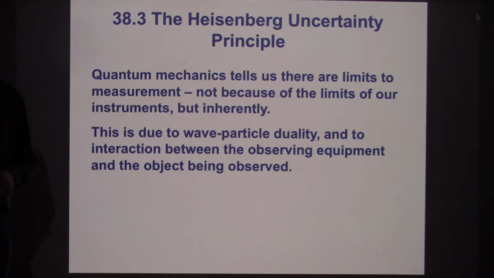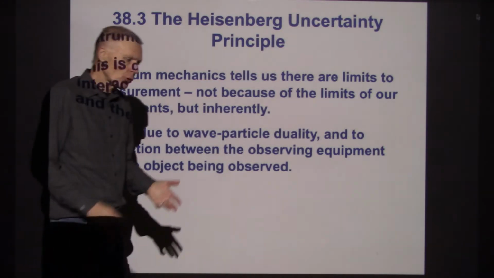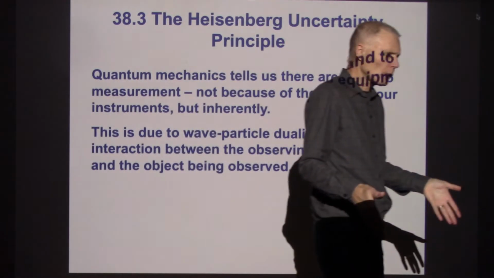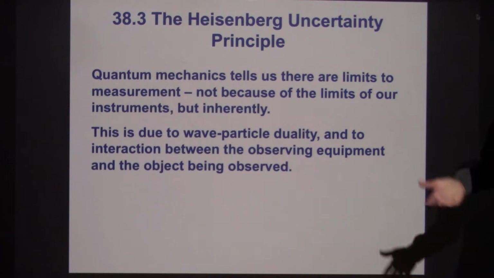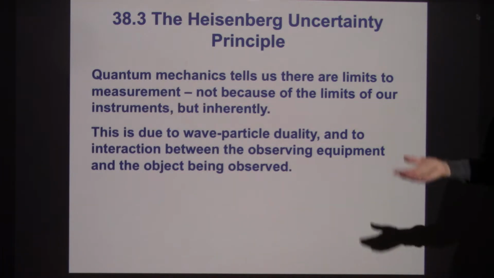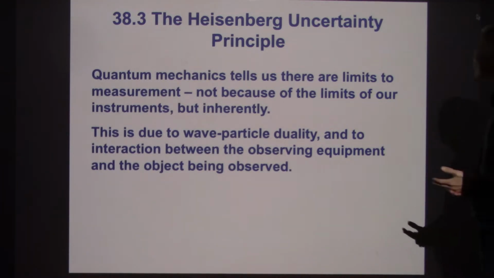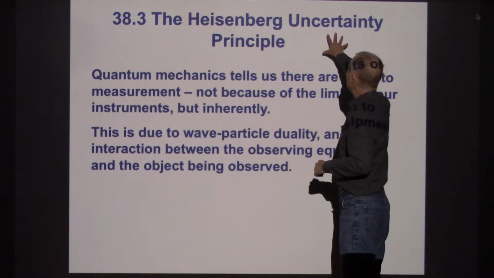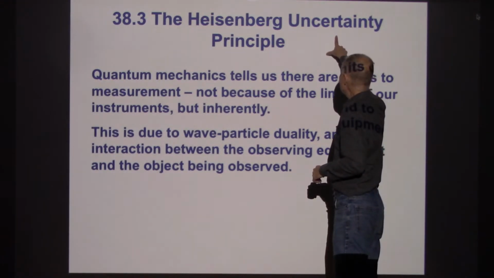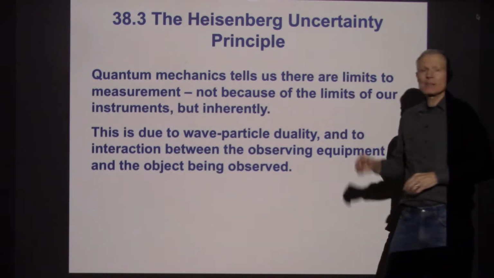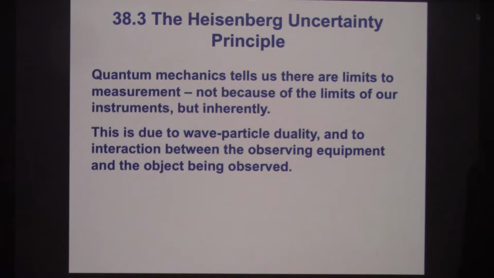I want to say that particles don't exist at just one location. Particles have a possible range. They have many possibilities open to them. So I've never cared for the Heisenberg uncertainty name. Uncertainty sounds like we don't know what we're doing. I prefer the Heisenberg possibility principle, right?